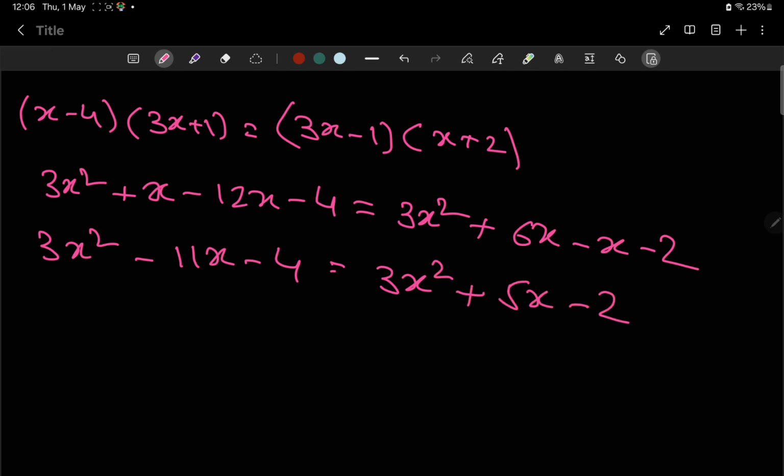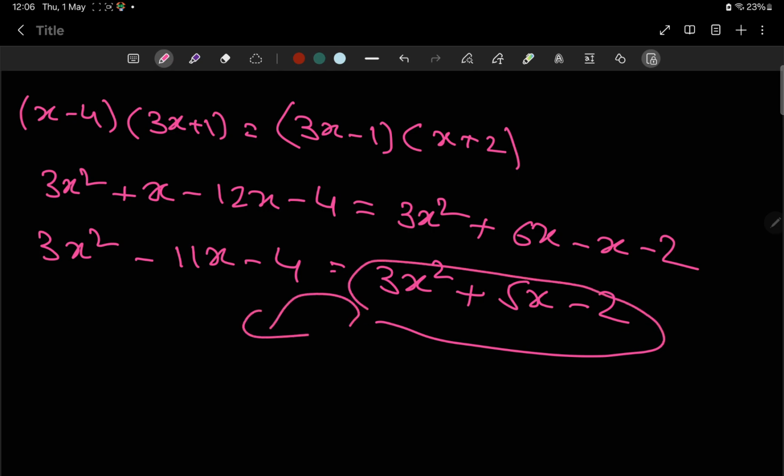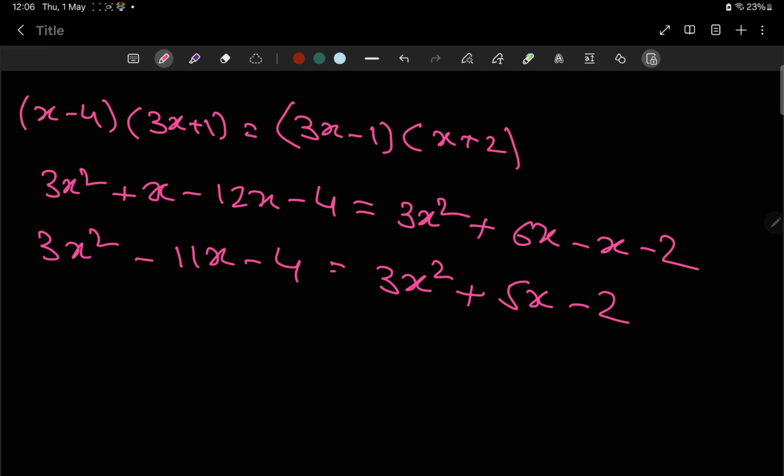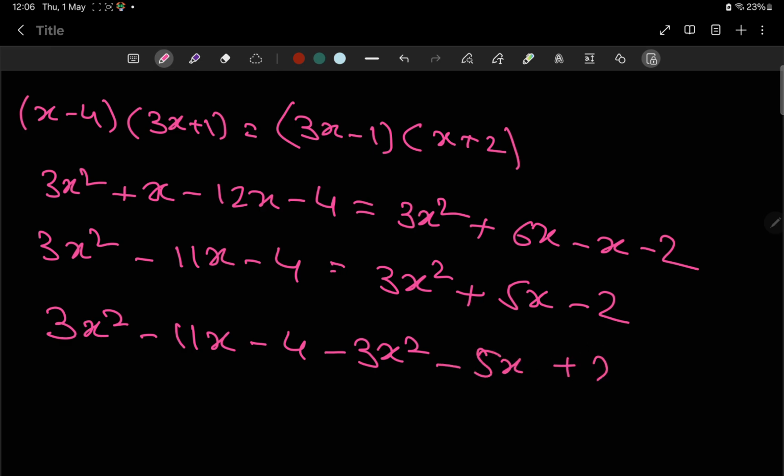Now let's transpose this side and find whether it is a quadratic equation or not. 3x square minus 11x minus 4, plus will become minus 3x square, plus 5x will become minus 5x, minus 2 will become plus 2, that is equal to 0.